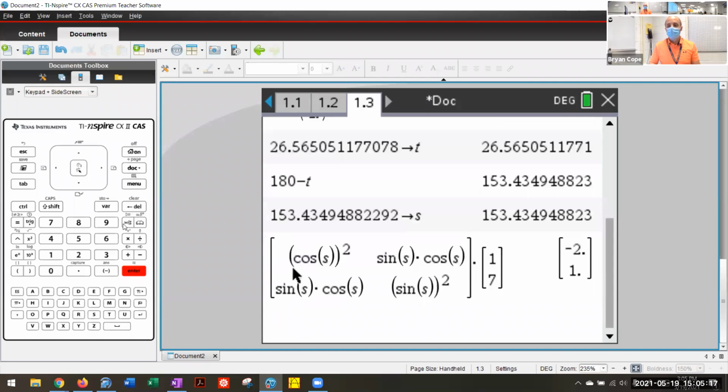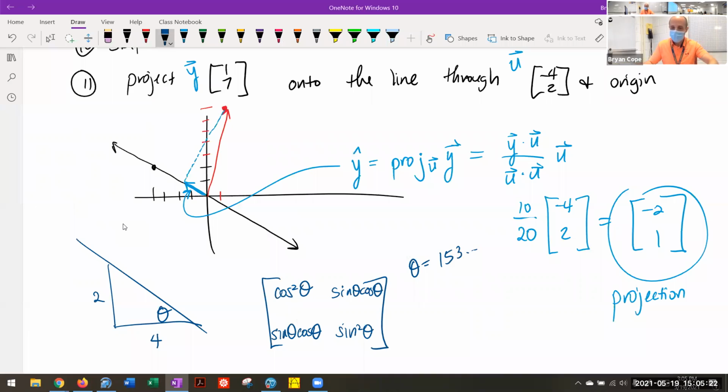Deep breath. Ah, cool. Oh, wow. Isn't that neat? So the crazy projection formula, when multiplied by the vector 1, 7, also gives us negative 2, 1.